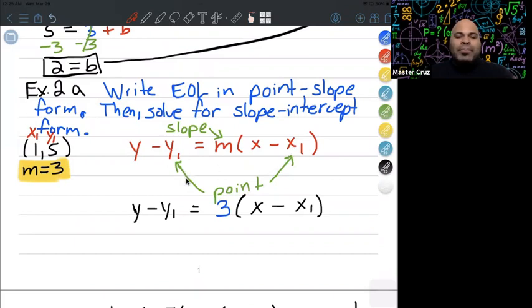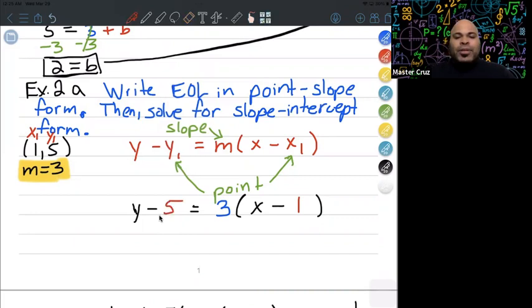Let's leave it alone. So when you have this, all I have to do is substitute. Instead of x1, I'm going to erase x1 and substitute positive 1. When I have y1, I'm going to erase y1 and substitute positive 5.